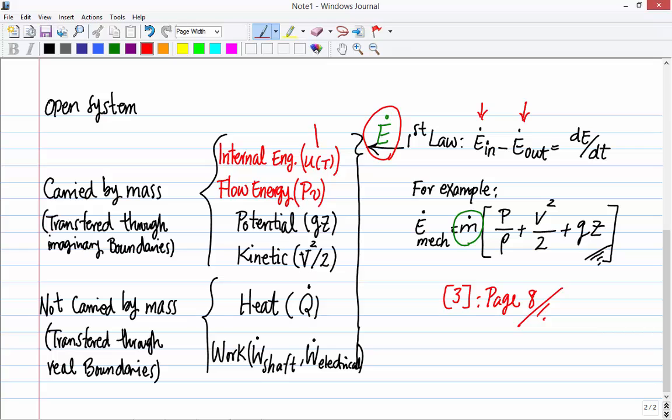For this one, you can check lecture number 3, page 5, and for flow energy, please take a look at lecture number 9, page 9.